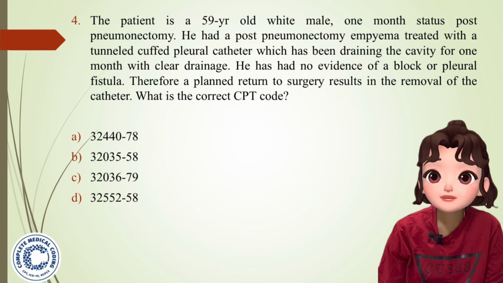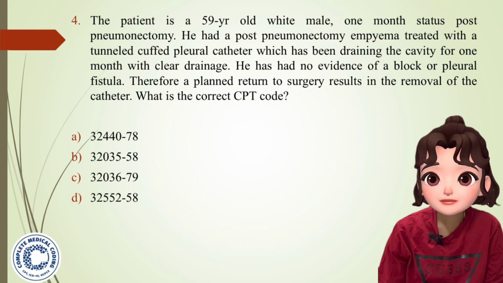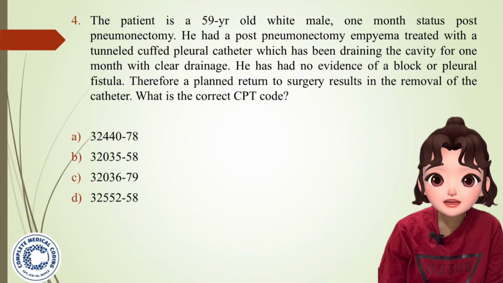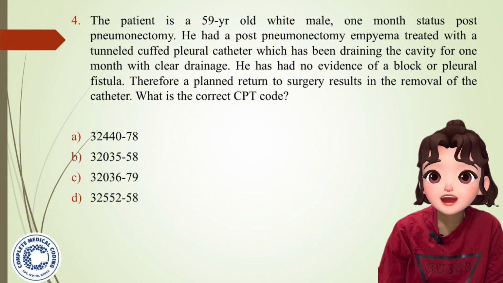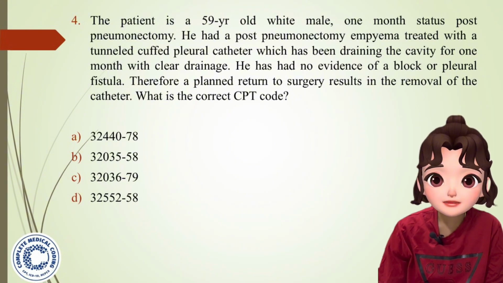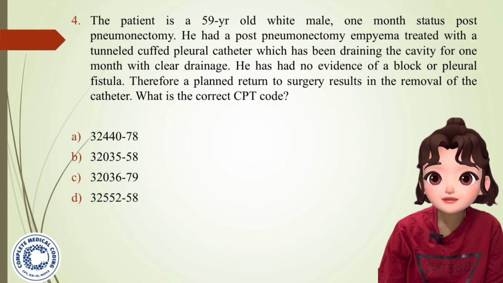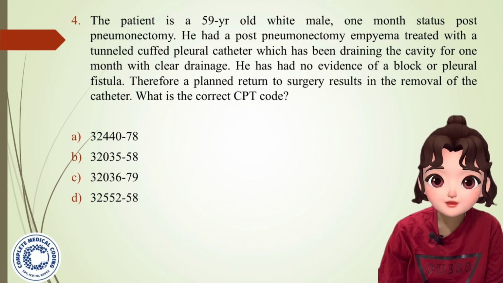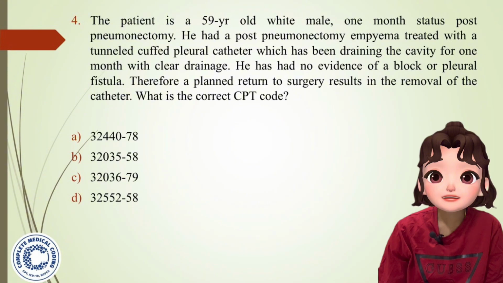He had a post pneumonectomy empyema treated with a tunneled cuffed pleural catheter, which has been draining the cavity for 1 month with clear drainage. He has had no evidence of a block or pleural fistula. Therefore, a planned return to surgery results in the removal of the catheter.